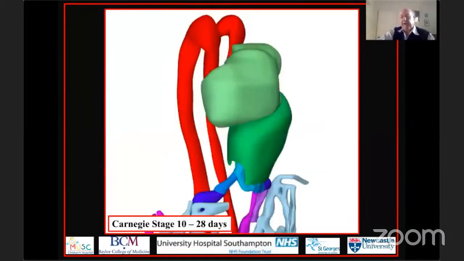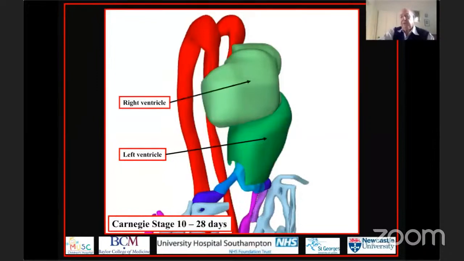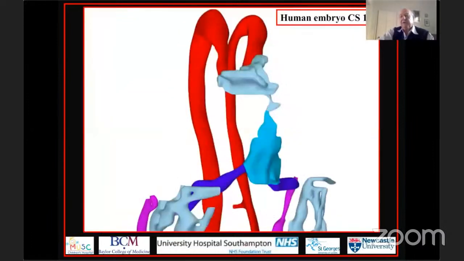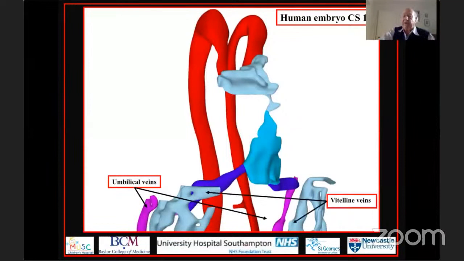We can look inside and we can see that there is myocardium developing. There is the development of the left ventricle. We're beginning to get some myocardium around the right ventricle. But if we look inside, and this is the beauty of having these PDF files, we can see what's happening in terms of the developing venous component of the embryo. There we see the veins bringing the blood back from the placenta, the umbilical veins.